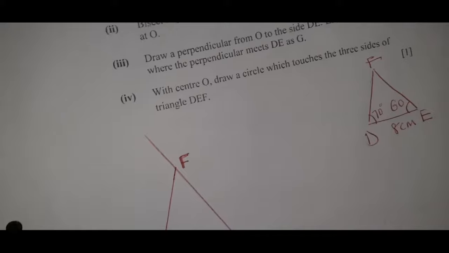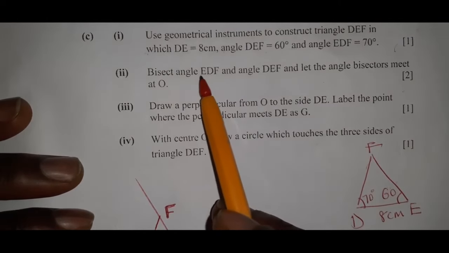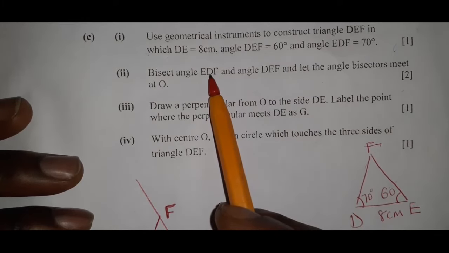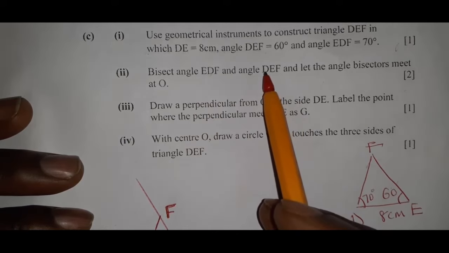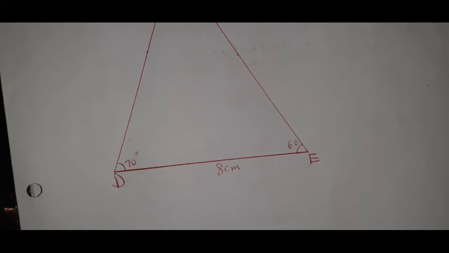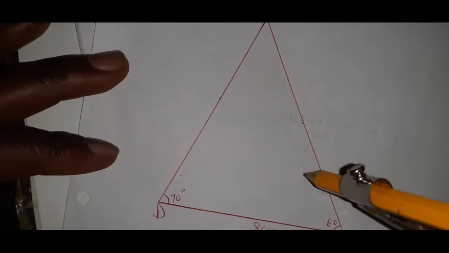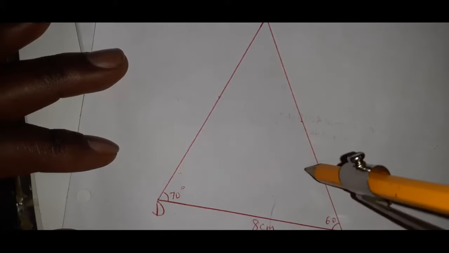Okay. And the second one is: bisect the angle at D and the angle at E of triangle DEF. So these angles we need to bisect. So how do we bisect an angle? Okay, so we're bisecting these two angles. This one, say do the other one.